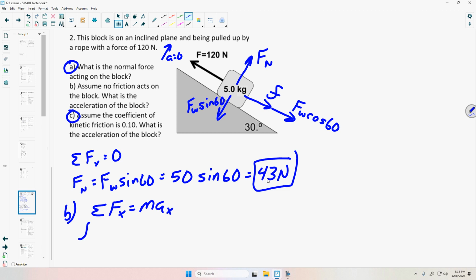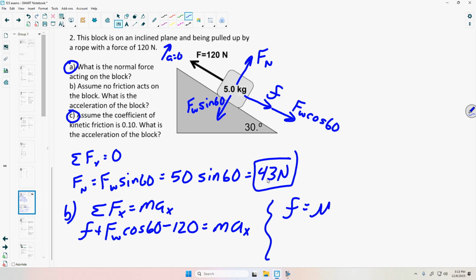That would be F plus Fw cosine 60 minus 120 is equal to m times a_x. I need to find script F, the frictional force. That's going to be mu times the normal force. That's equal to 0.1, and I've already found the normal force, that's 43. So that's 4.3.